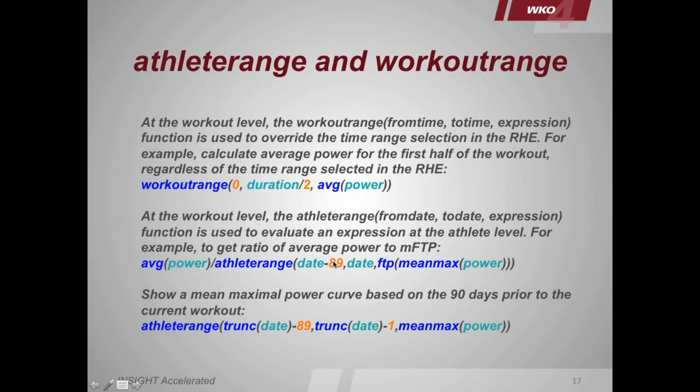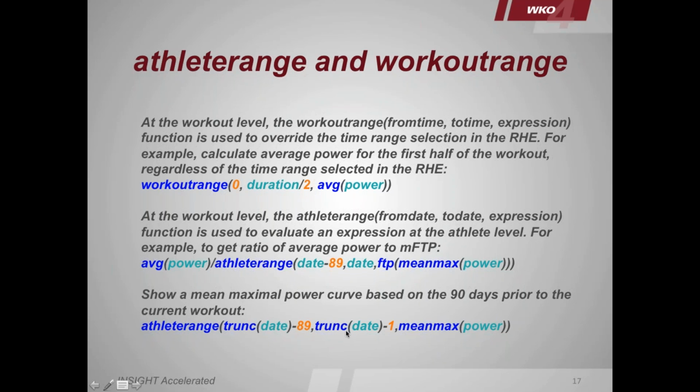When you're looking at a workout, you don't have access to other workouts, let alone the last 90 days of other workouts. So what this athlete range function does is it lets you reach upward into the athlete level to grab data from other workouts. This expression takes your average power and divides it by your modeled FTP using the date of the current workout and 90 days prior to that.